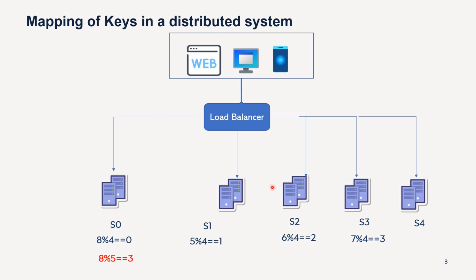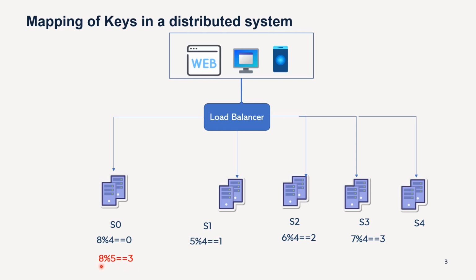Whatever keys were saved in S0, S1, S2, S3 have to be distributed again across all the servers. So how are we going to do that? We will use the modified function, because we now have five servers. With the same logic, 8 mod 5 is equal to 3.